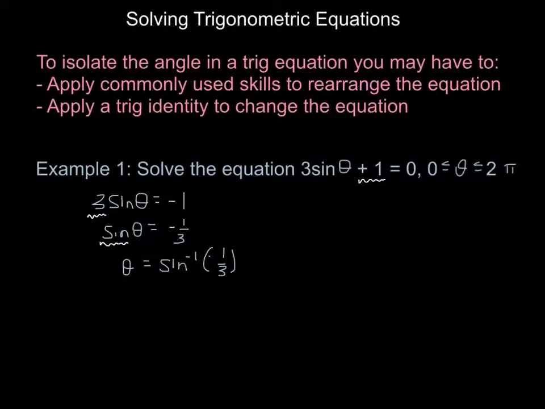I don't know any exact answers for an equation like this, so I'm going to plug it into my calculator. Inverse sine of -1/3. And the calculator has given me an answer of -0.3398.